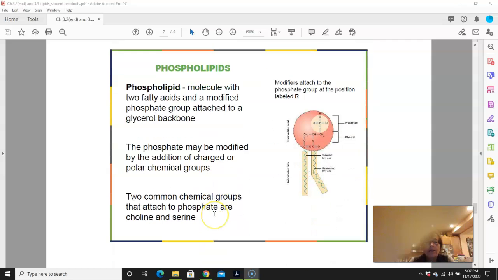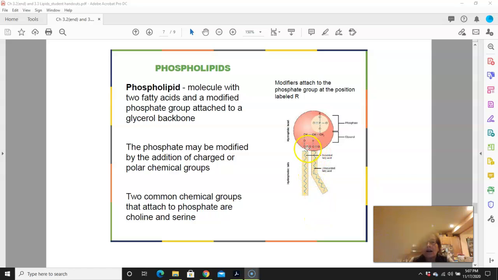The ones that are probably the most important, that we'll talk a lot about later, but we'll get a preview here, are phospholipids. Phospholipids, instead of having 3 fatty acids attached to them, you see only 2. One of them is a straight chain, or a saturated fat, and the other one has a bend in it because it's unsaturated, has double bonds.